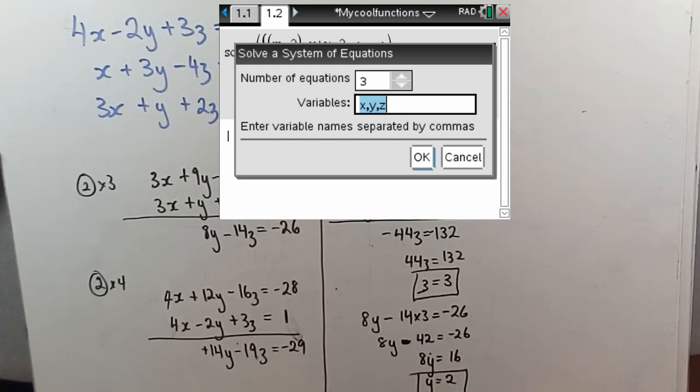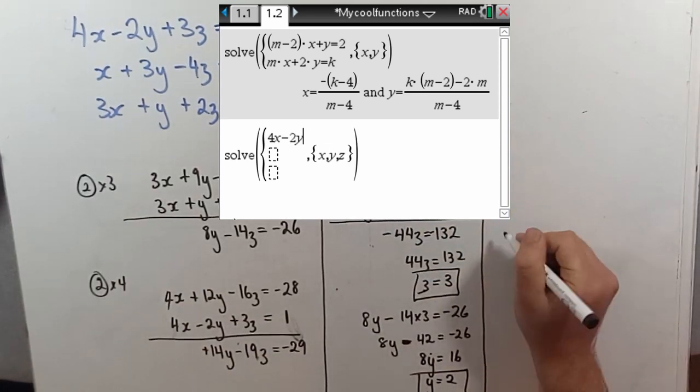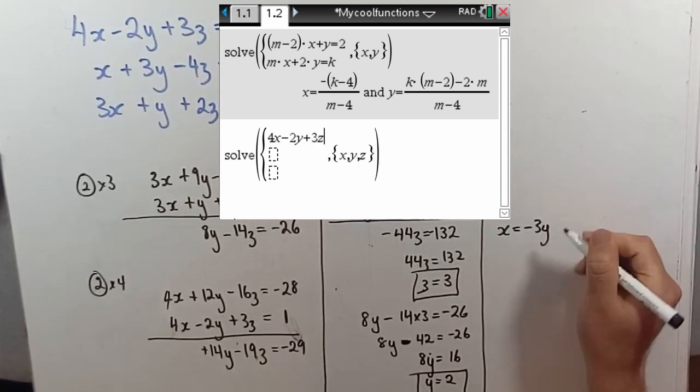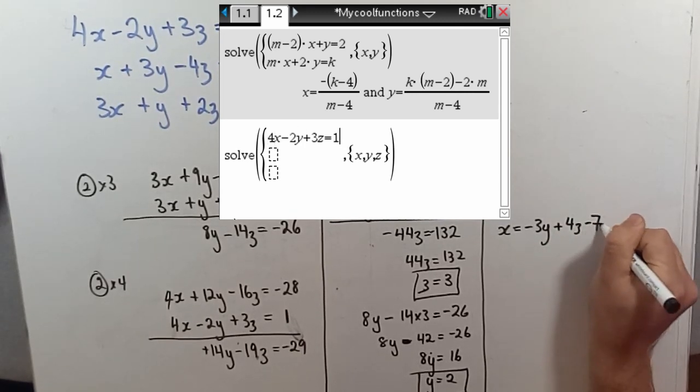That's lovely. Let's see what x equals. Now, we can probably just put it into that equation number 2, because that's an easy one. We've got x equals minus 3y plus 4z minus 7.